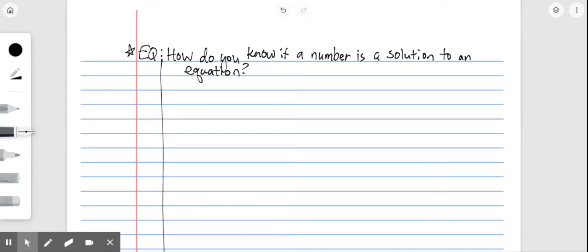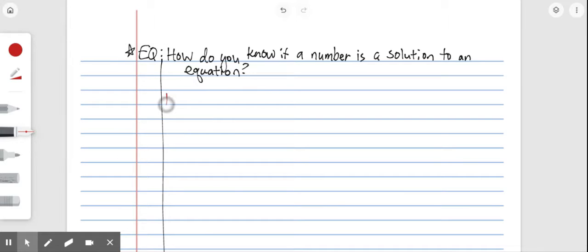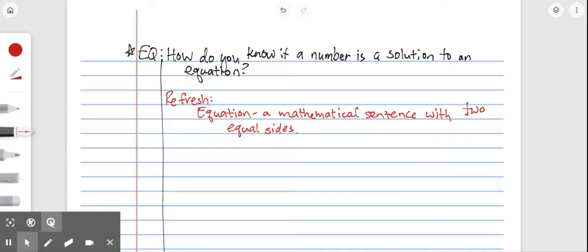So let's start just as a refresh. I'm going to write it in red because my refreshes are usually in red. Refresh. An equation is a mathematical sentence where two sides are equal to each other. For example, 3 plus 7 equals 10. This is an equation because on the left I've got 3 plus 7 and on the right I've got 10, and they equal the same thing.